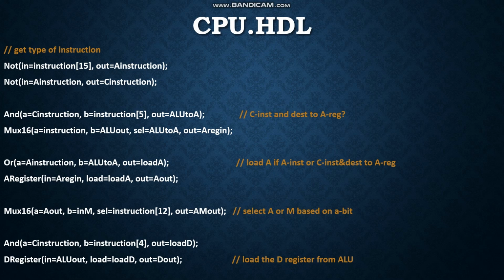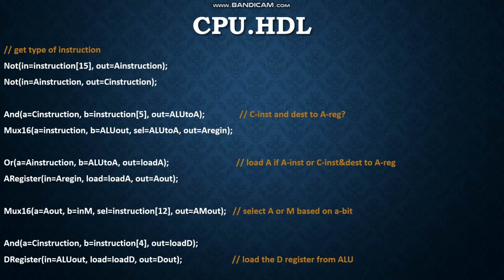The OR gate performs a bitwise OR operation between A instruction and ALU to A, storing the result in load A. The A register updates based on the input and the load signal load A.